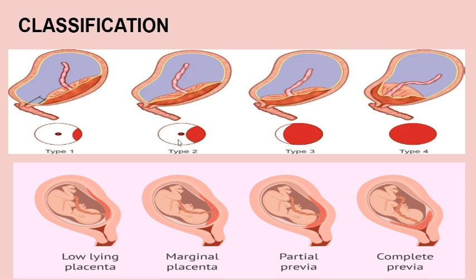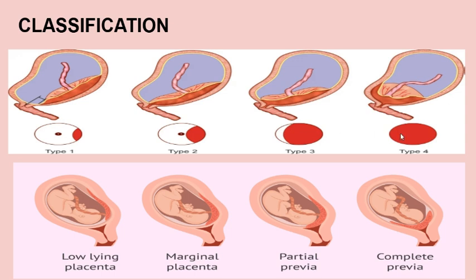In type 2, the placenta has encroached towards the internal os, but has not covered it. In type 3, the placenta has covered part of the internal os, but has not completely covered it.